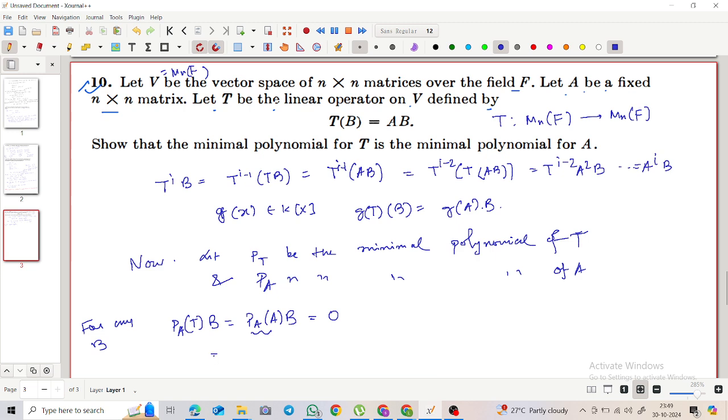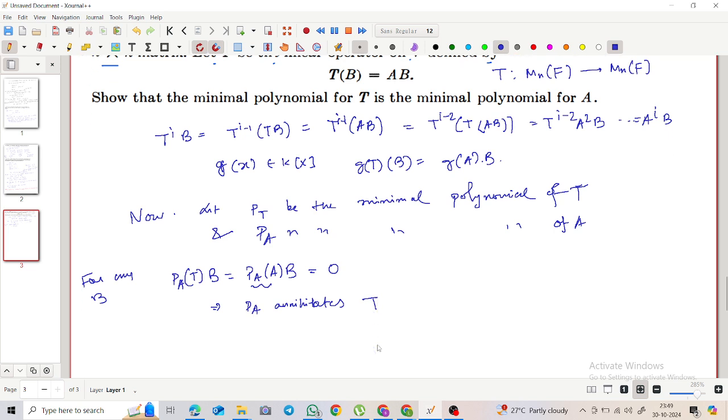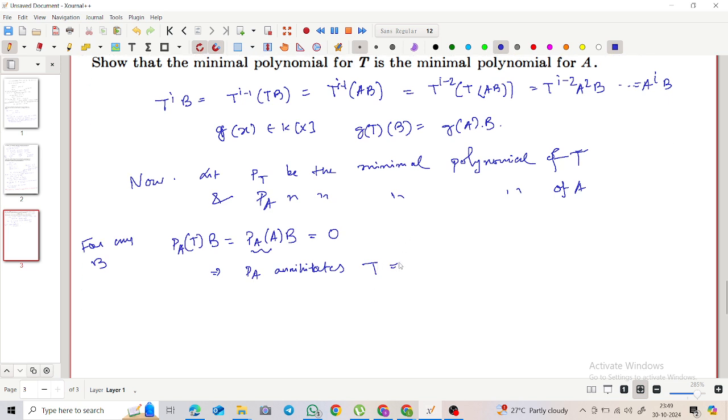So what do you get? p_A annihilates T, thus p_T(x) divides p_A(x), right?